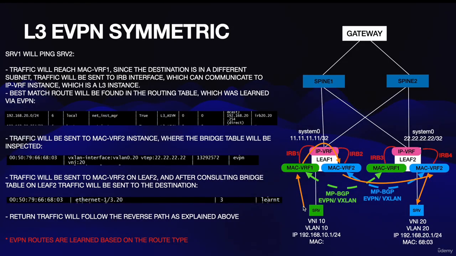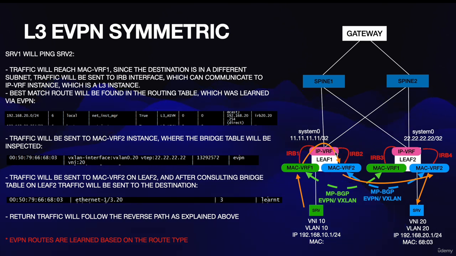So, the server in VNI 10 will try to ping the server in VNI 20. As mentioned, traffic will reach MAC-VRF 1, and since the destination is in a different subnet, traffic will be sent to the IRB interface, which can communicate with the IP-VRF instance. The IP-VRF instance is a layer 3 instance.